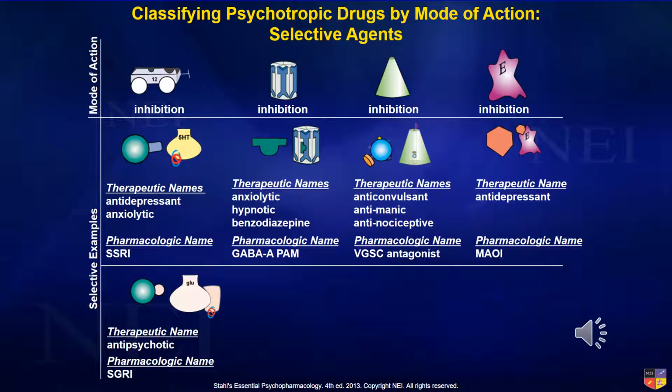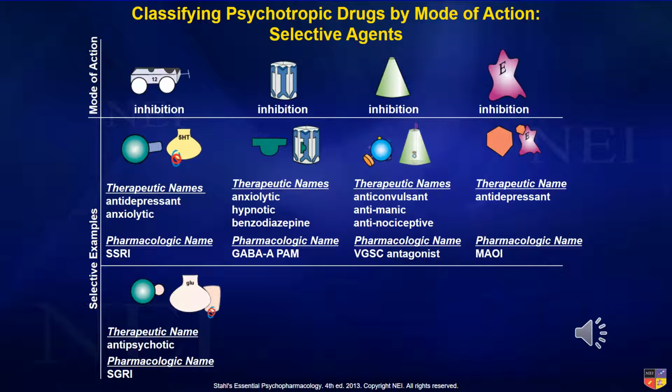So in the middle row, we have the pharmacological name of a transport reuptake inhibitor, which would be an SSRI, because it's only working on the serotonin.